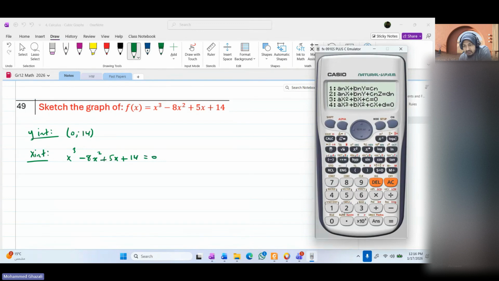Using mode 5, 4, with coefficients 1, minus 8, 5 and 14, we get 7, 2 and -1. So it does work out.